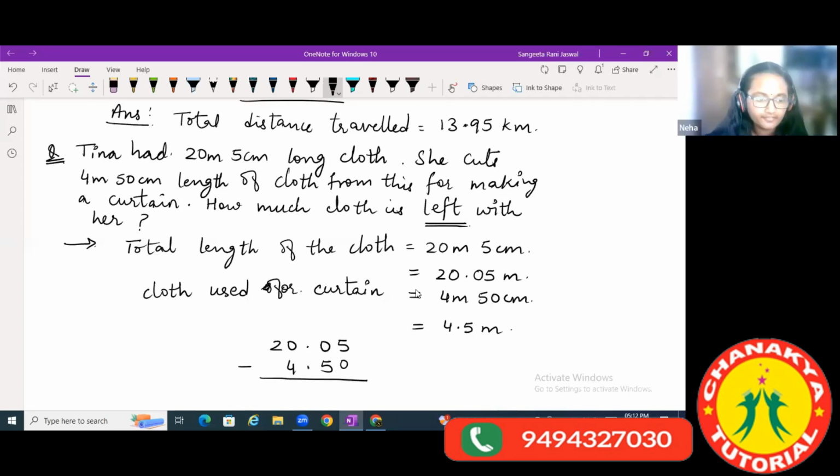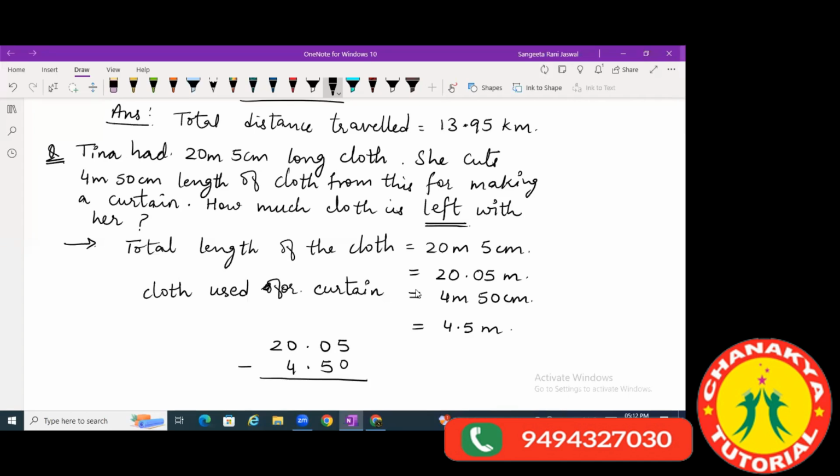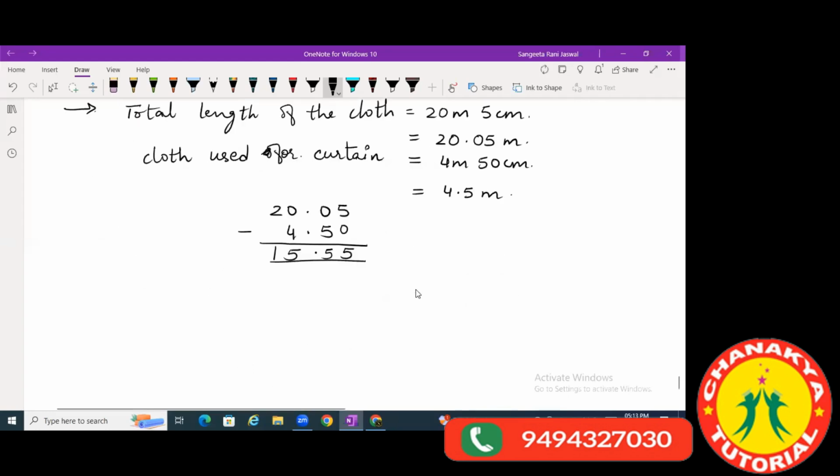Please do it. We do it normally as we do subtraction. We have 0 here, so we will borrow from here. This becomes 10, then it's 5 here. Now this is again 9 left here. So 9 minus 4 is 5, and you have 1 left here. So that's 15.55.